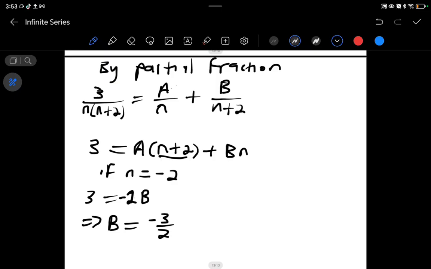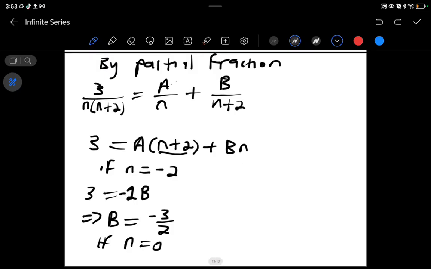You see, right? Then if we have n equal to 0, if I set this equation to 0, I'll get that n is equal to 0. Then a will be equal to 3 over 2. You see, right?